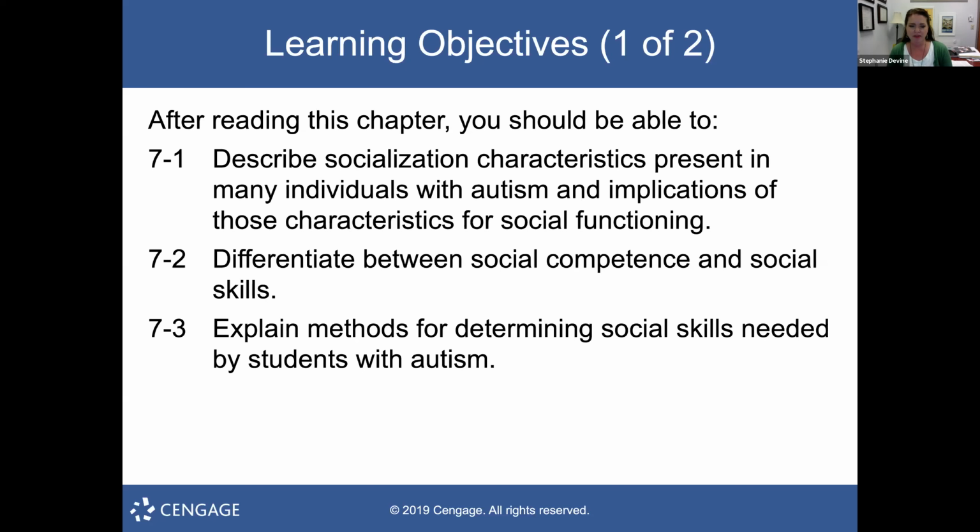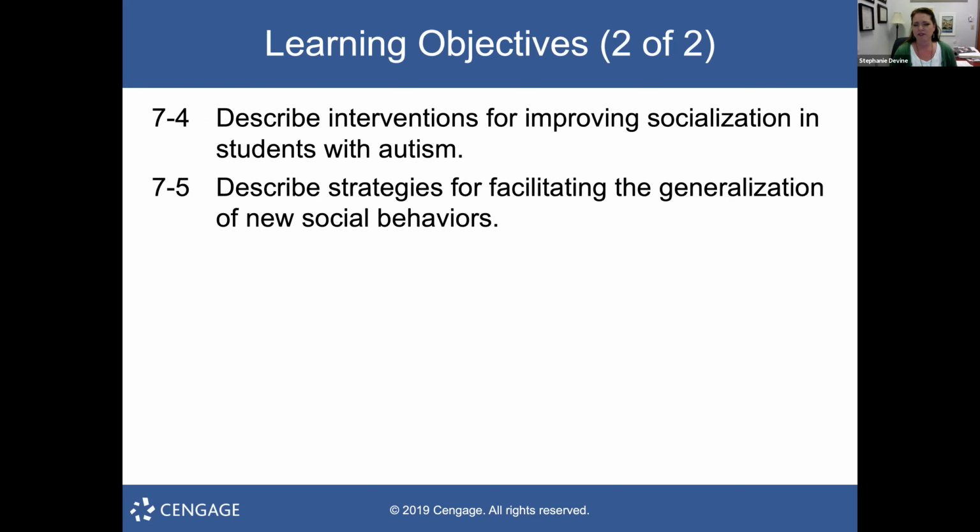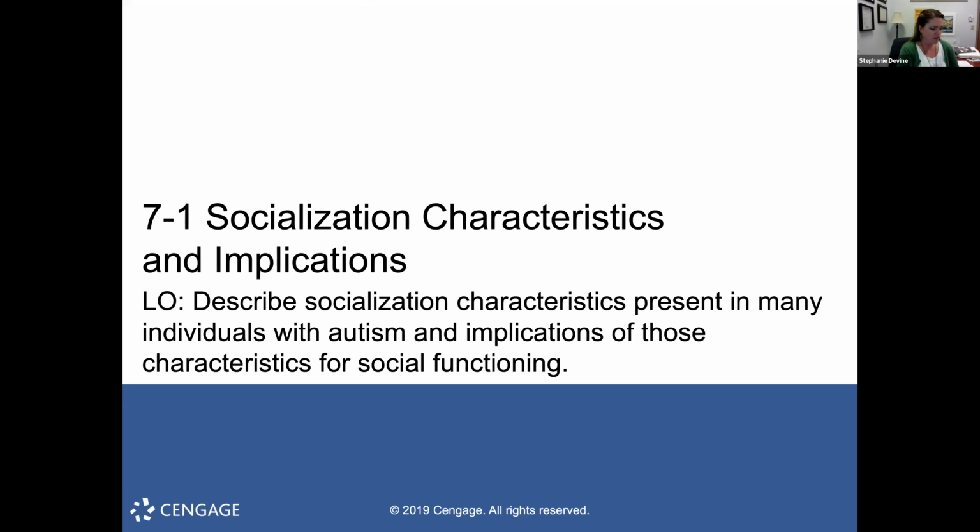Explain methods for determining the social skills needed by students with autism, and describe interventions for improving socialization in students with autism, which is the focus of what we're doing here. And then describe strategies for facilitating the generalization of new social behaviors, which is really, really important.